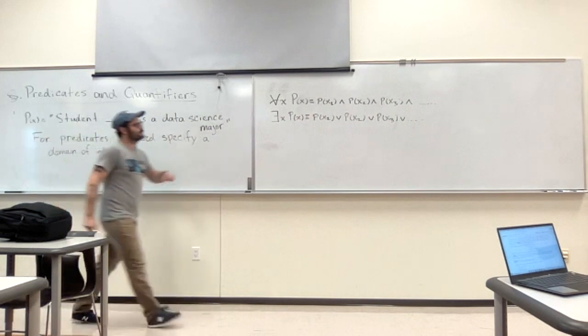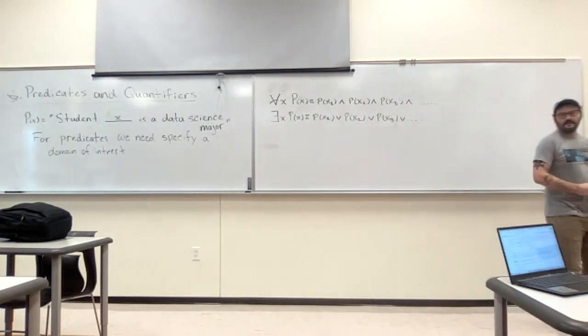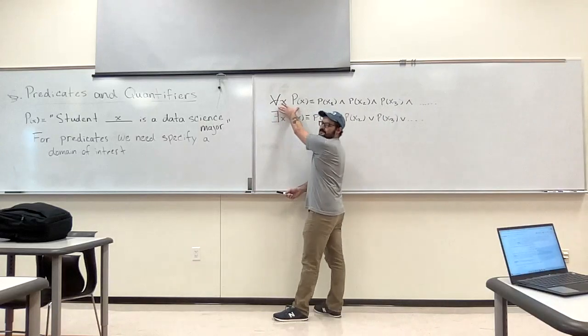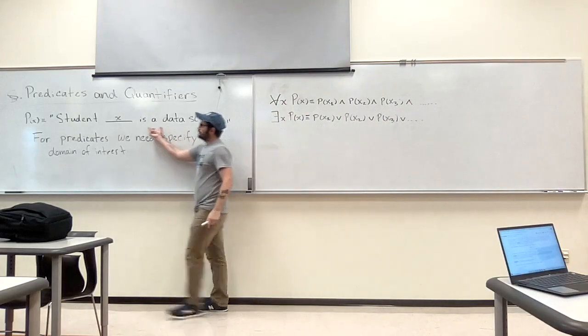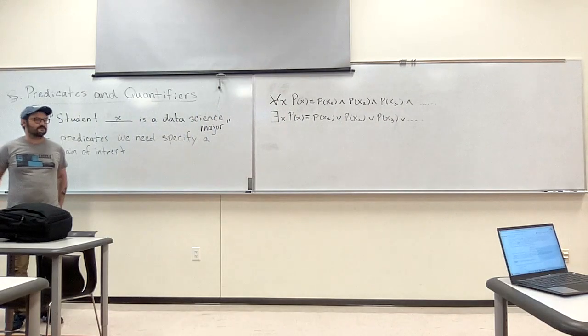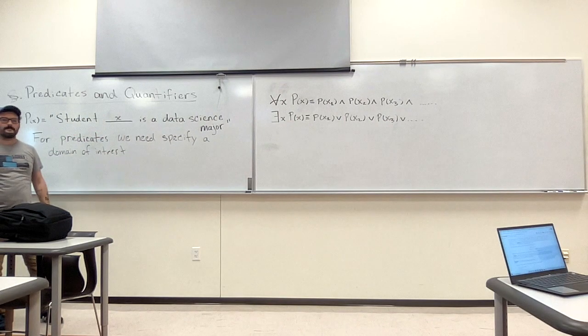The predicate evaluates to true for all values in the domain of interest. So in this case, if our domain of interest was this class, and this was our P, that top thing would evaluate to be what?